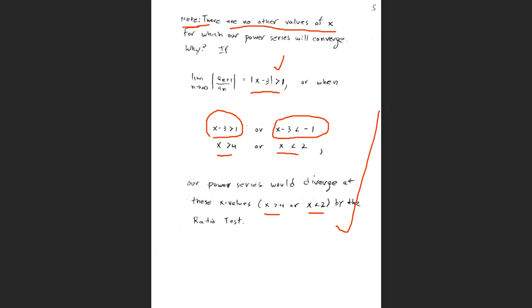Where is the limiting ratio less than 1? Find the x values for when the limiting ratio is less than 1 for the ratio test. And then once you have that interval, look at the endpoints and manually check those. And then you don't need to worry about any other x values.